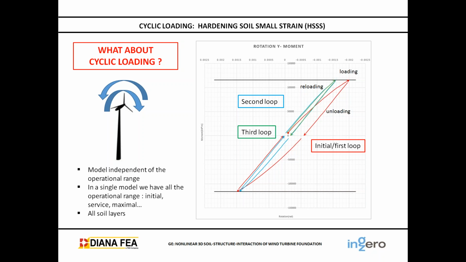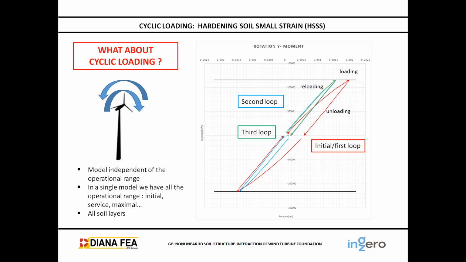We have in red the initial or first loop. We have in the center the point without moment. So we load, we have the first upper branch, then we unload, we reload, and we unload.